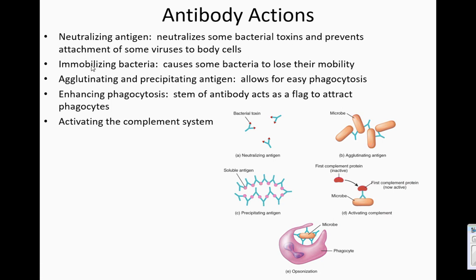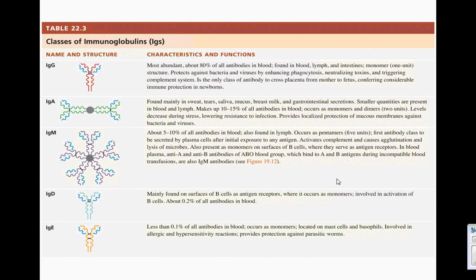They also enhance phagocytosis by acting as a flag to attract phagocytes, which is what we see down there with letter E. And then they also, letter D, show how they activate the complement system. Okay. When the microbe is bound with an antigen, it activates the complement protein, whereas before it was inactive. So those are the 5 things that antibodies can do.